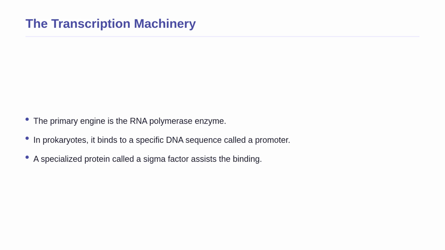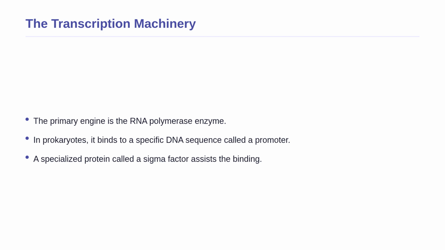Understanding what transcription is leads us to ask, what actually performs this copying? The core of the transcription machinery is a powerful enzyme called RNA polymerase. You can think of it as the molecular photocopier. However, RNA polymerase cannot just start copying anywhere.